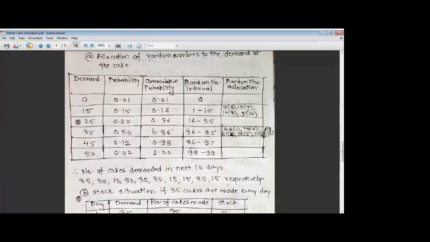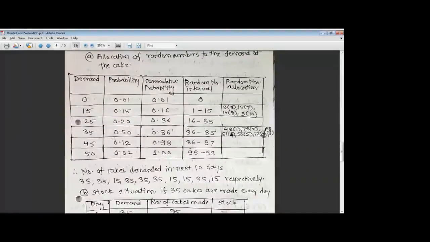Up till 15 we have already allocated, right? So the random interval for the next step will start from 16 and go 20 numbers more, from 16 to 35. These are the 20 numbers, and this is the range we have allocated.